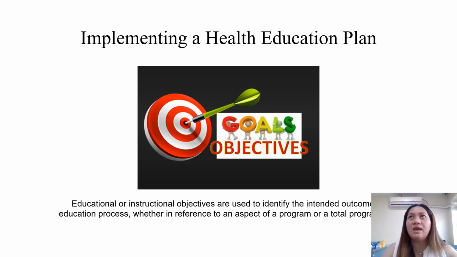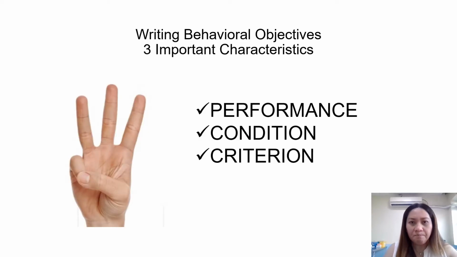They would know the indication, how to apply, when to stop, when to increase, and what the level of oxygen inhalation is based on the devices that you'll be using, and so on. That must be properly identified based on your broad goals and your specific objectives. And then writing behavioral objectives again has three main important characteristics.